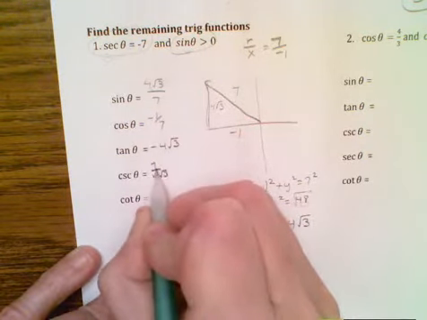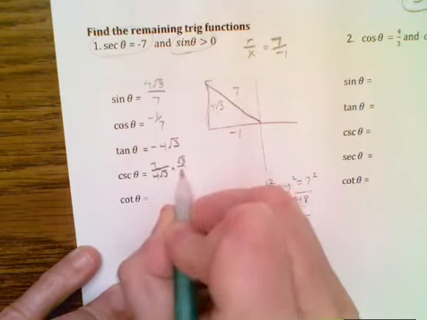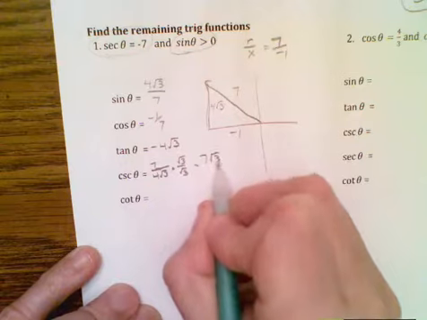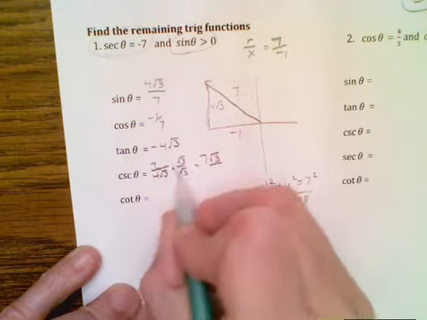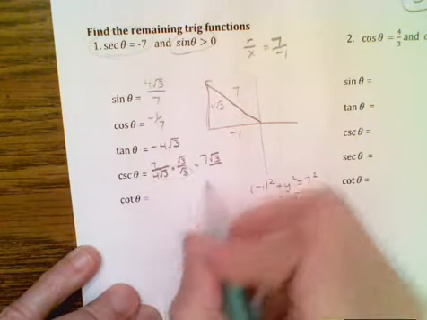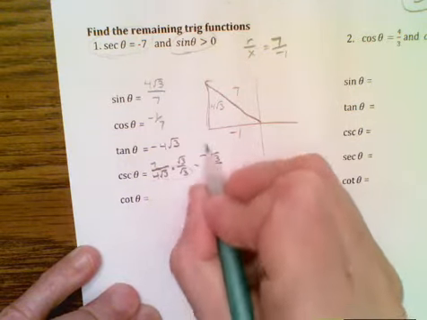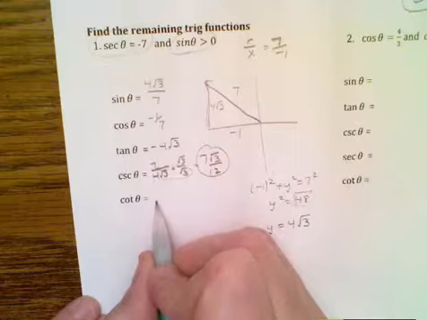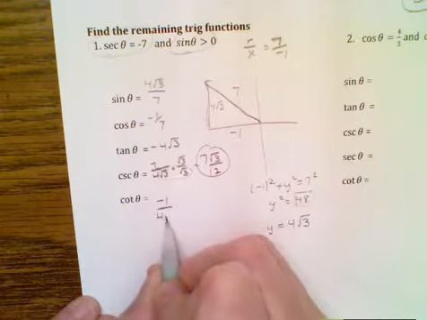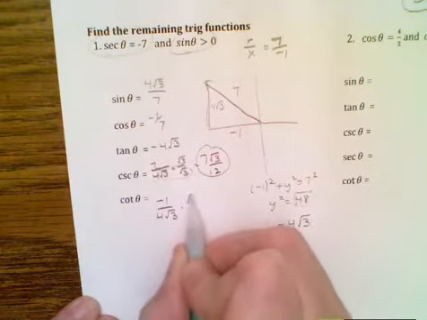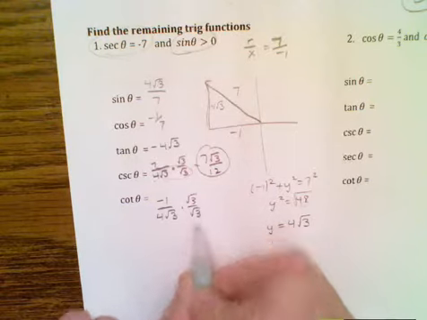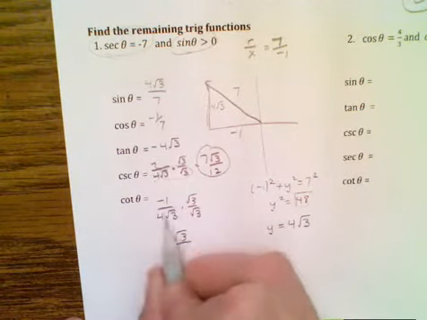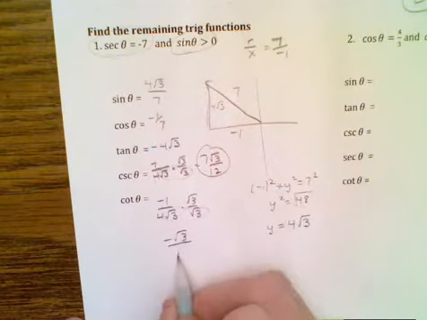And to rationalize that, I just have to multiply by radical 3 over itself. So I'm going to get 7 radical 3 over 4 times 3, which is 12. And then cotangent is the x value over the y value. And so again, I have to multiply by radical 3 over itself. So I'm going to get negative radical 3 over 4 times 3, which is 12.